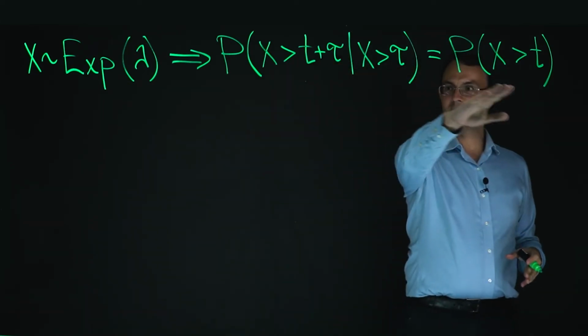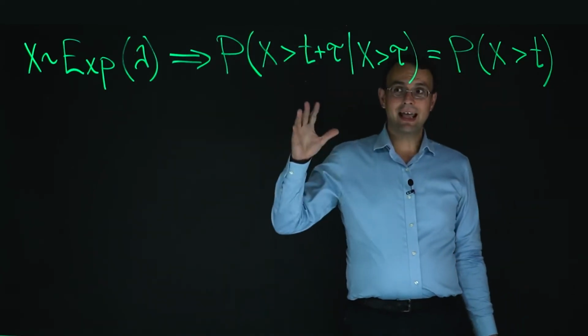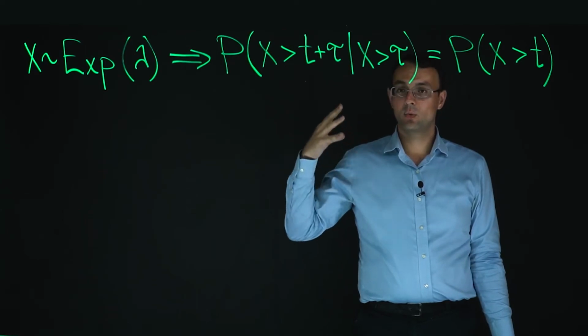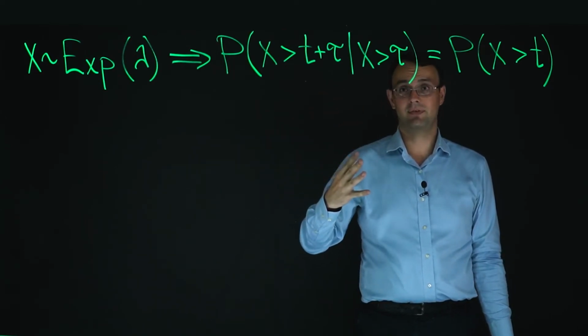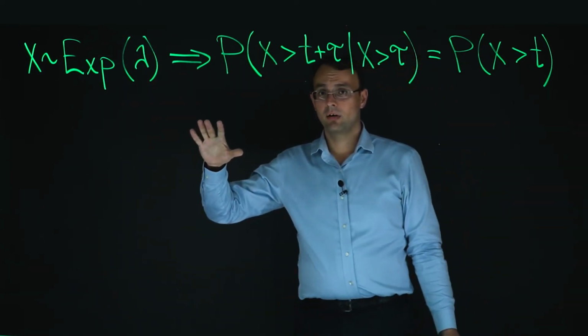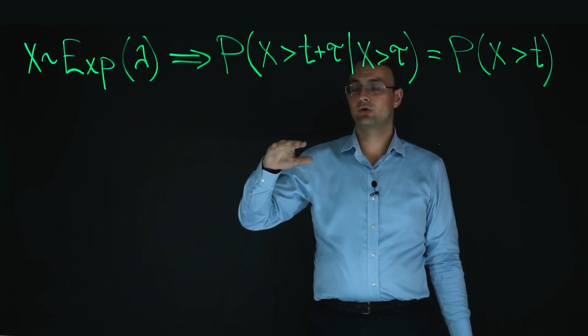So what is this? What's the meaning of this equality? So x, by its physical meaning, is the waiting time for the next event in a Poisson series of events. For example, x is a waiting time for the next customer at your shop.